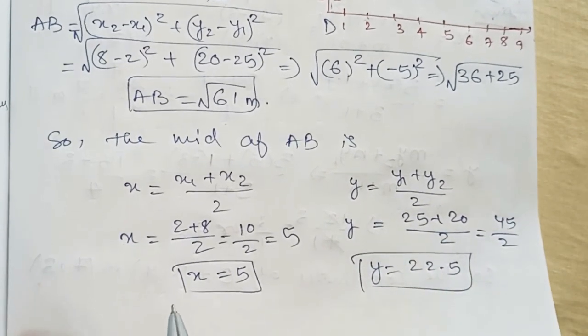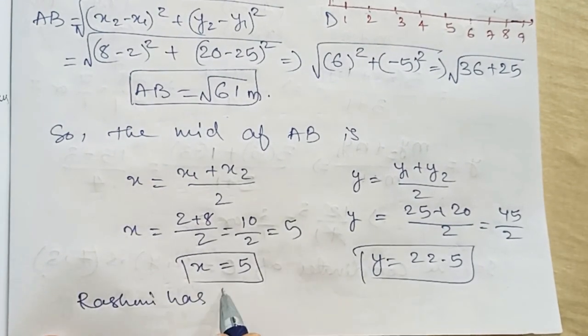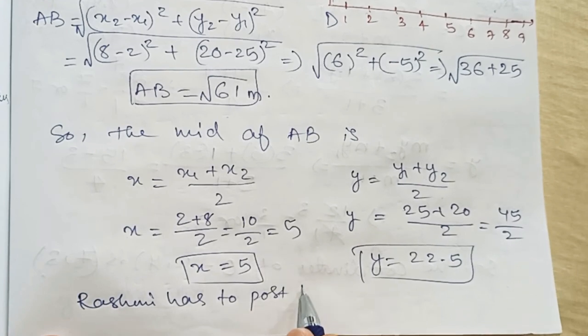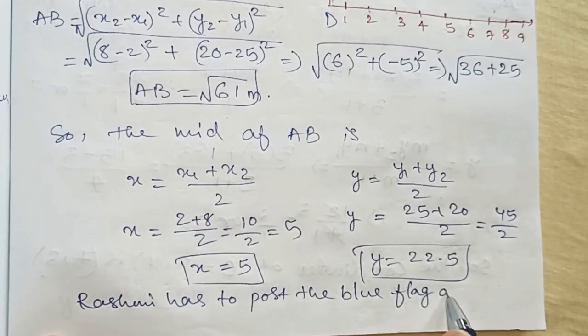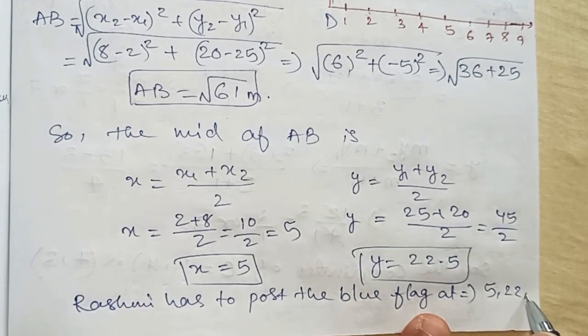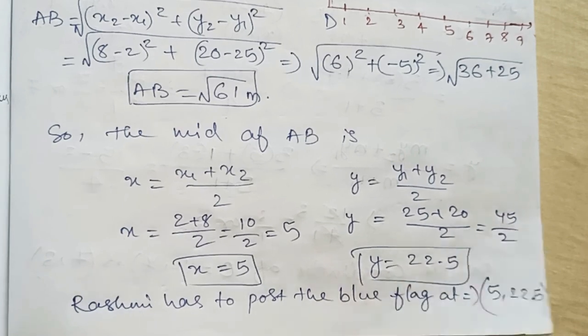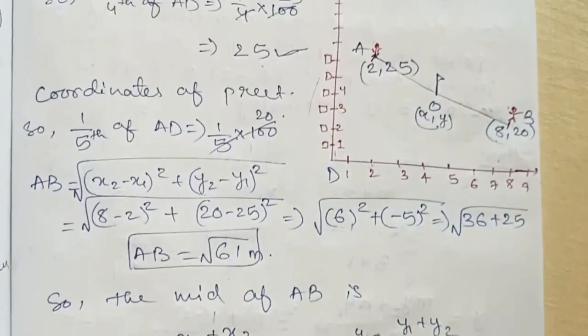So Rasmi has to post the blue flag at the coordinate 5, 22.5. Okay, so the coordinate of the midpoint of AB is 5, 22.5.